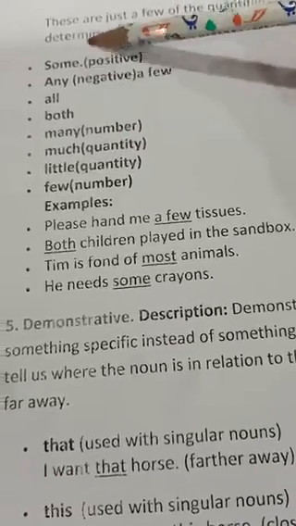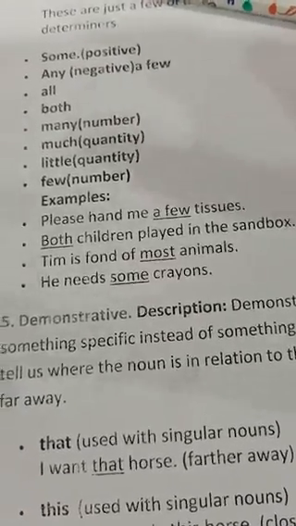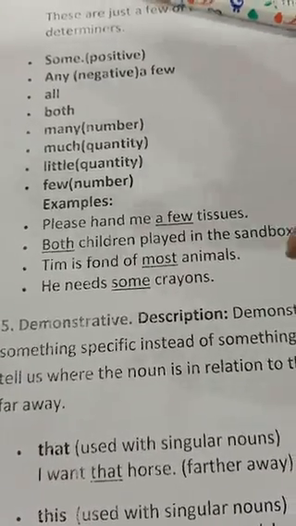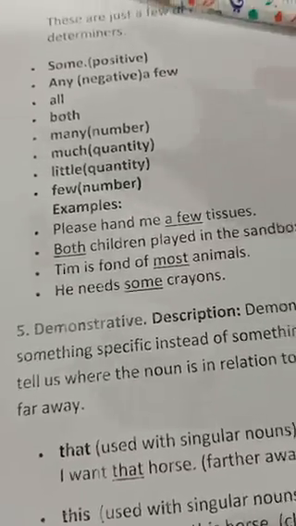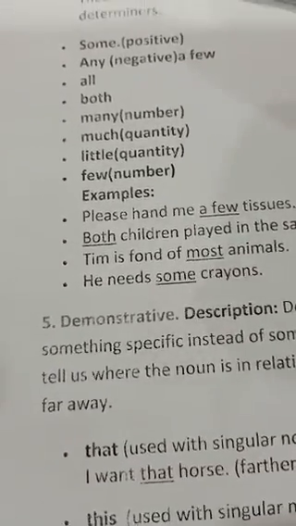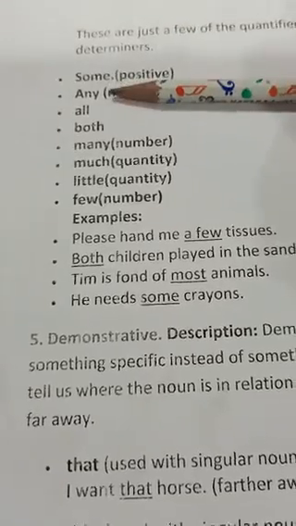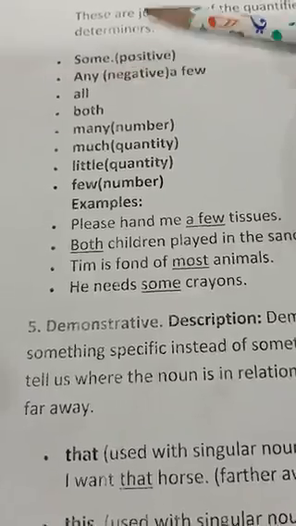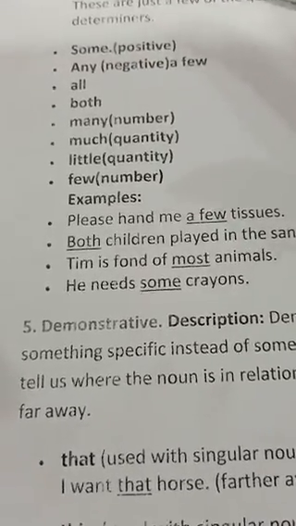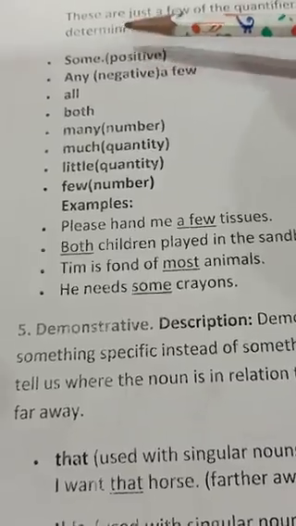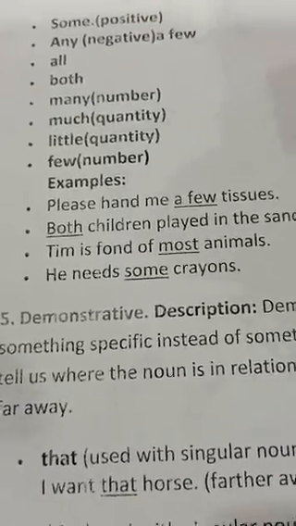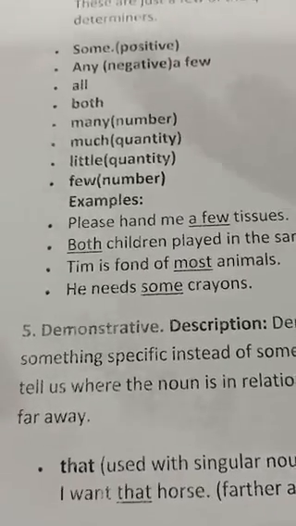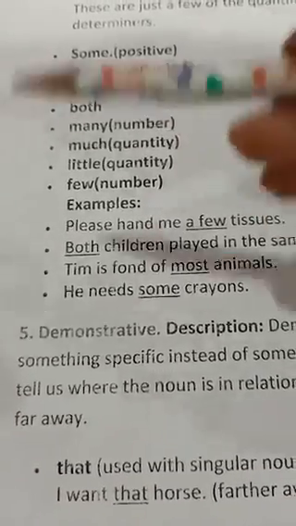Some means there is a certain amount. I have some money, meaning I have a certain amount in my bag or with me. Here, I don't have any money. Any money means negative, almost none. Some means positive, you have certain things. Any means negative. All means for everyone.